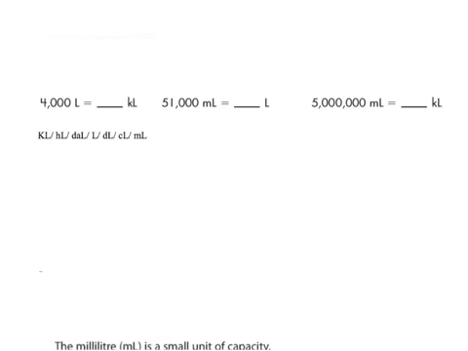So part of this has to do with liters, kiloliters, and milliliters. Those are the most commonly used units. Kiloliters are very large, and milliliters are quite small. A liter, as we already talked about, is about the size of a 1 liter milk carton.